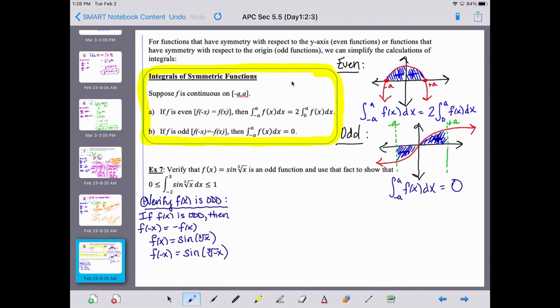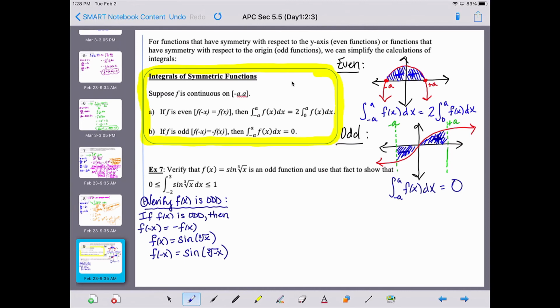And we know the cube root of any negative number is negative. For example, the cube root of negative 8 would be negative the cube root of 8, or negative 2, right?